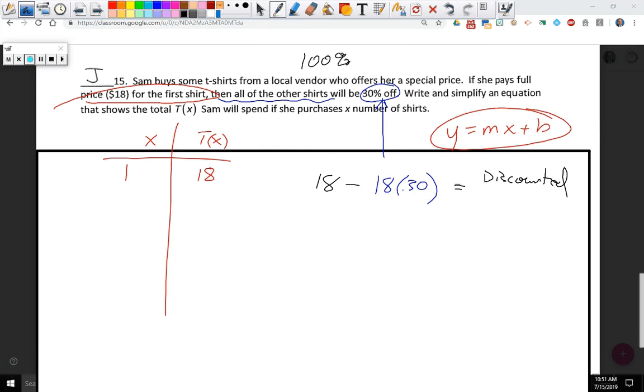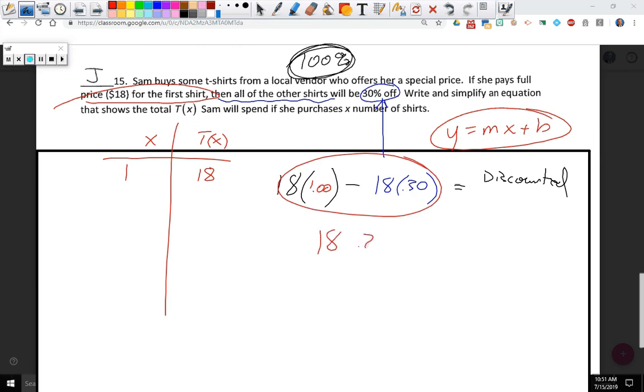So what this first one is saying is that you would be expected to pay 100% of something first. And how do I change this to a decimal? 1.00. So if I GCF pretty much here, I'm seeing that it's 1 minus 0.3, which makes sense. If you have 30% off, how much are you expected to pay? 70%.